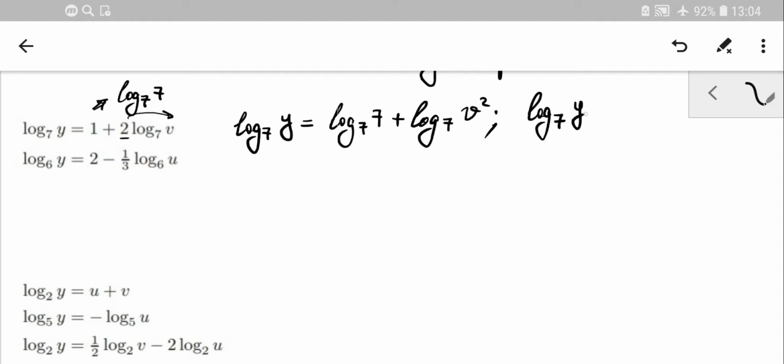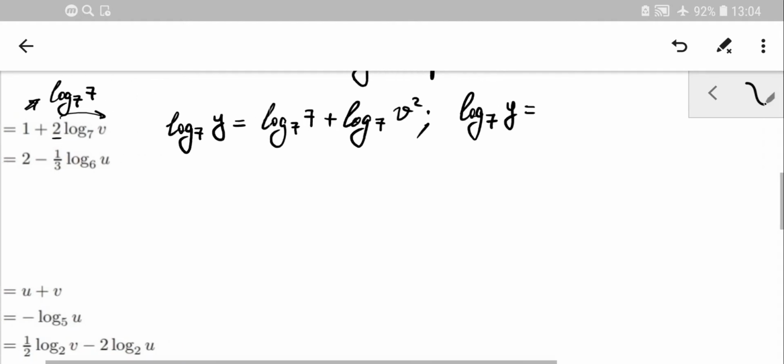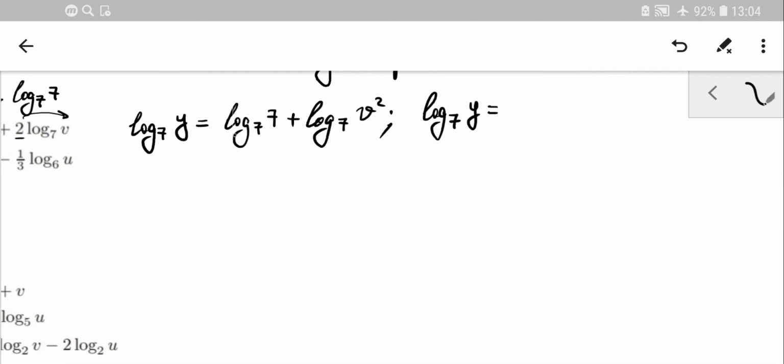I have logs with the base 7 on both parts, and here I apply the property: addition for logs means multiplication for the numbers inside the logs. So I simply leave log 7 and multiply 7 by v squared. I'll get 7v squared.